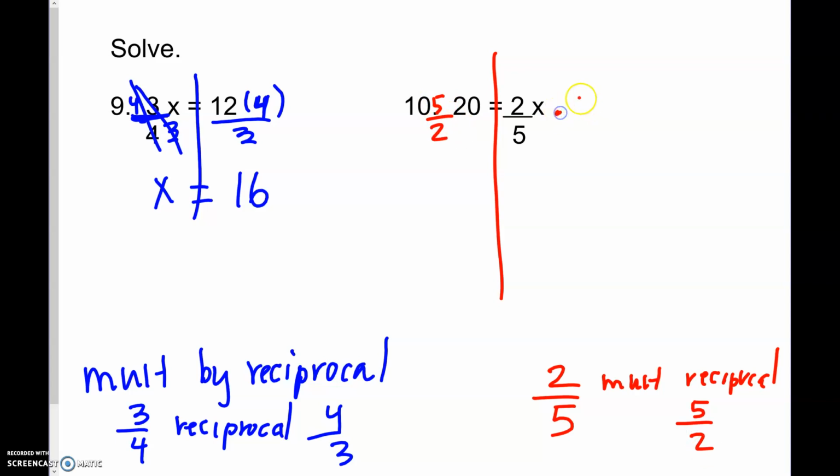You have to multiply the other side by 5/2. Okay, so 2 goes into 20, 10 times, and now we take 5 times 10 and get 50. Over here, 5 on top cancels with the 5 on the bottom, and the 2's cancel, and we end up with x equals 50. Okay, so when you have a fraction, remember you're going to multiply by the reciprocal.